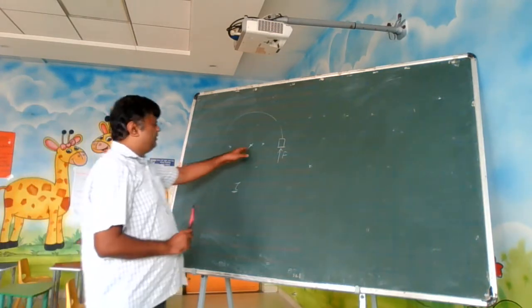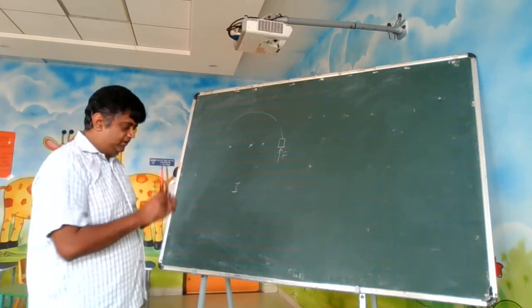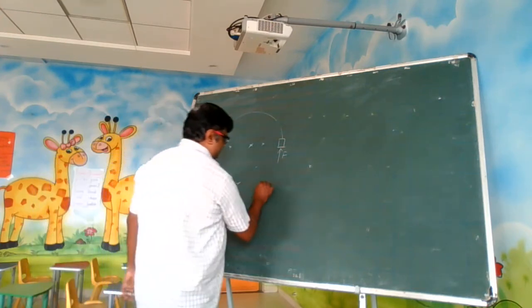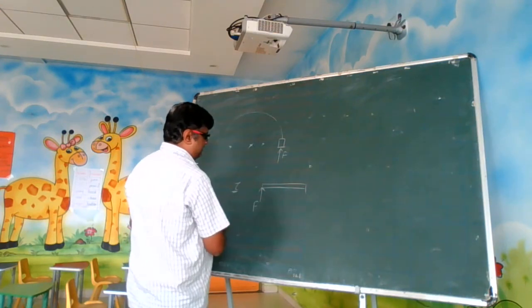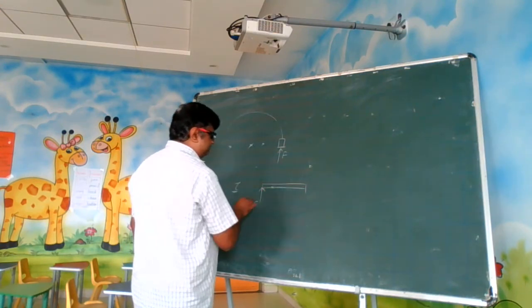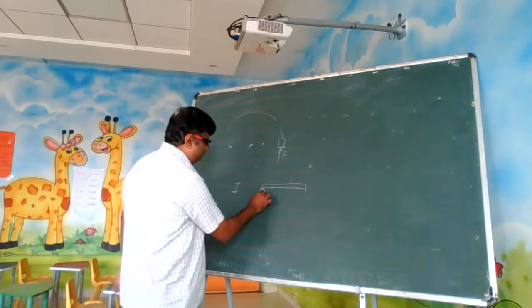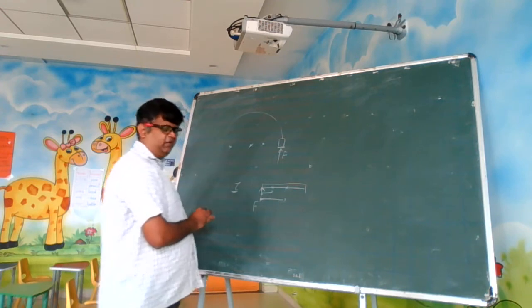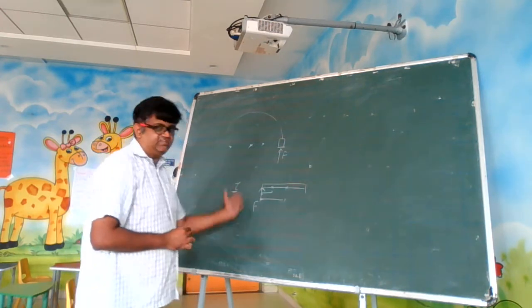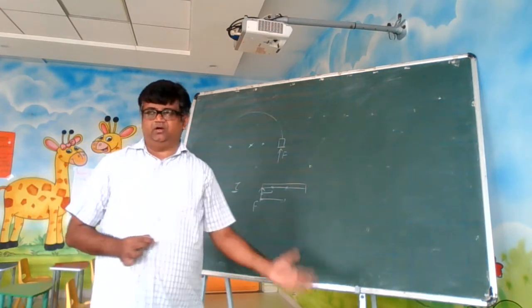This point need not always be the center point only. Suppose there is a metallic rod. If a force is acting here and I am asked to calculate the torque about this point, I need to put this distance. About this point, I need to put this distance. And I should be very careful about the sense, whether it is clockwise or anti-clockwise.